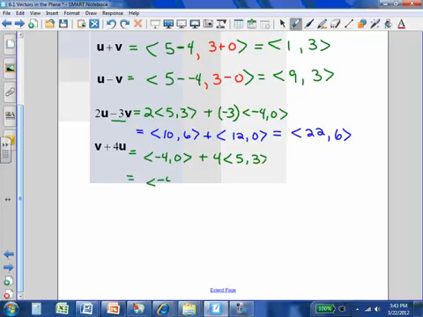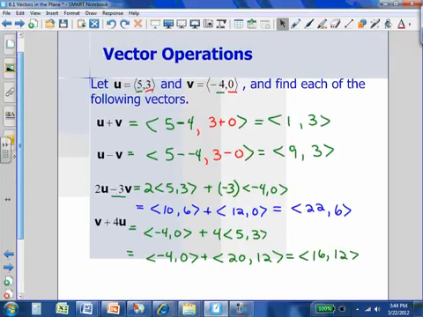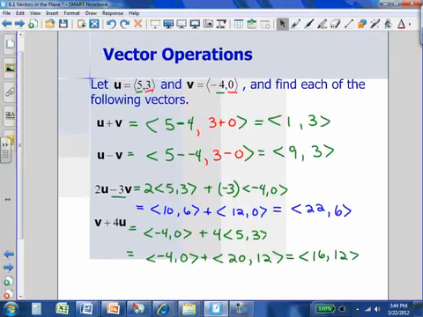I have (-4, 0) plus (20, 12). And then when I add those together, I get negative 4 plus 20, that's 16, and 0 plus 12 is 12. So (16, 12). So that's addition and scalar multiplication in a nutshell.